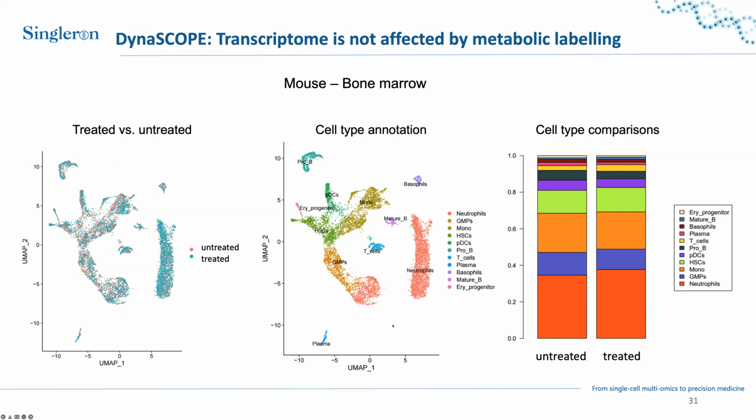When you do the cell type annotation for treated and untreated samples, you can see that there's barely a difference between the ratios of the different clusters.